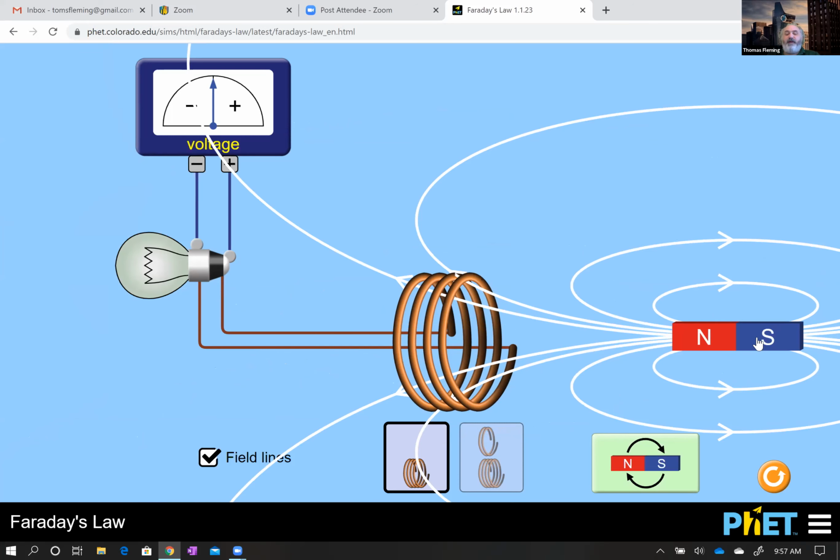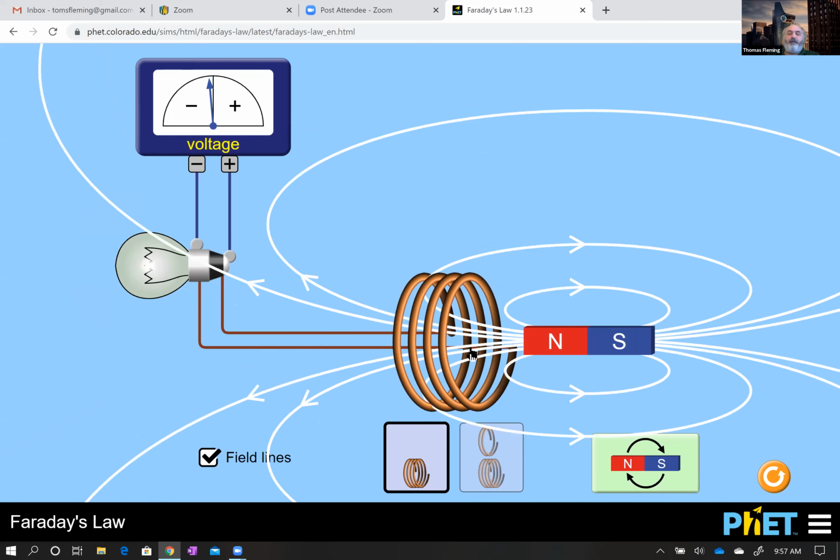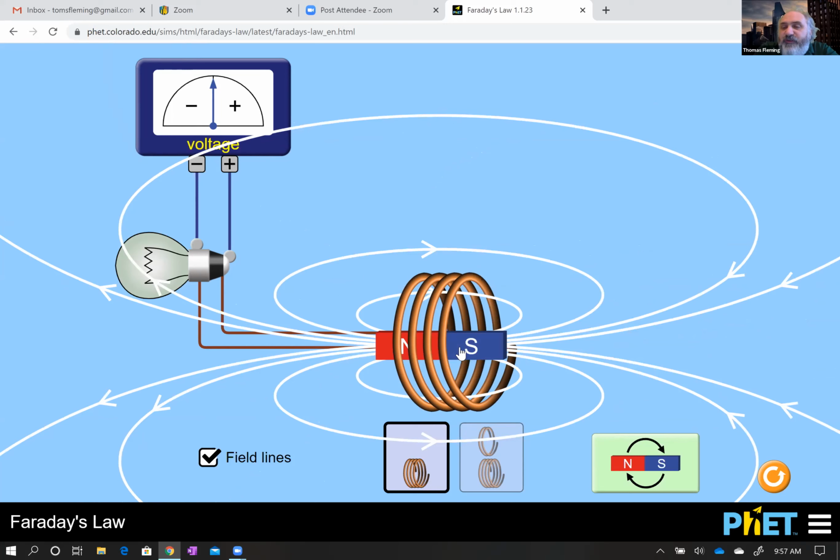And so what Faraday realizes is that this voltage that he's observing isn't about how much flux he's got, because right now I'm getting no voltage at all, but a whole lot of flux. So the amount of flux is not the key point in this scenario.